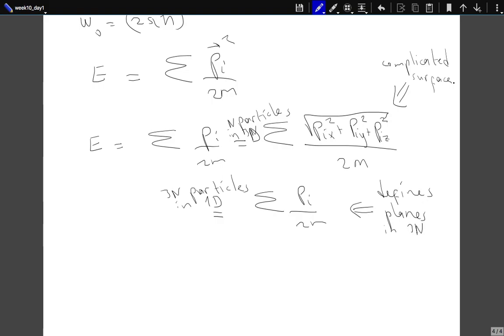The sum of square roots of the sum of squares. So basically the difference between these two cases, if there is any difference, it is due to the expression of the energy. Whether the expression of the energy is different or the same for 3n particles in 1D or n particles in 3D.